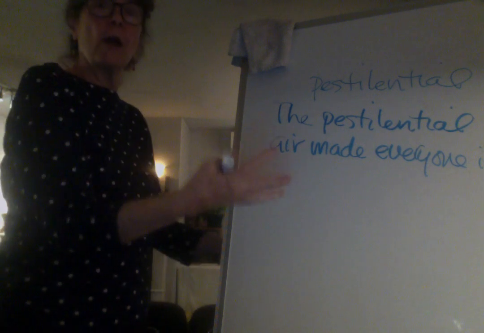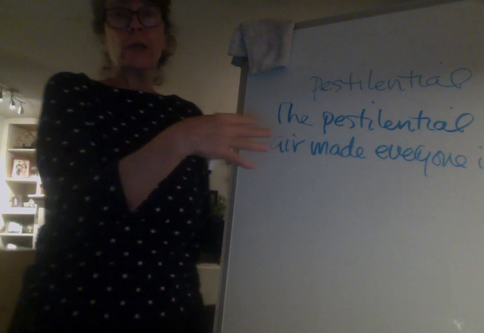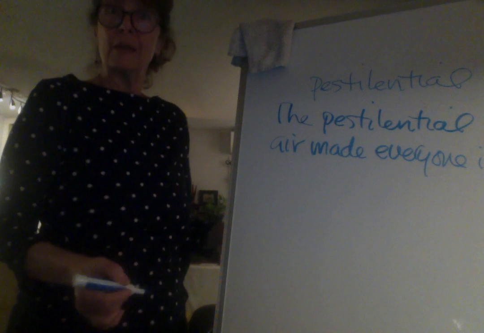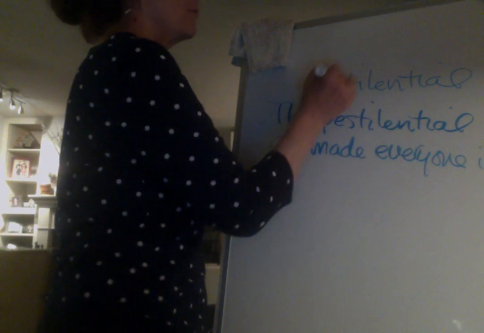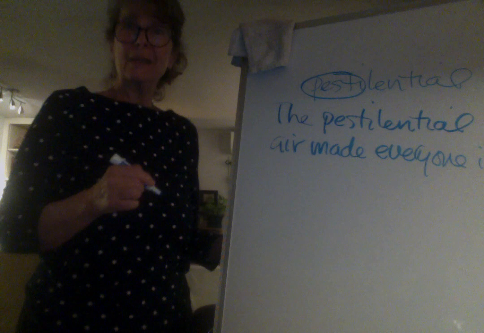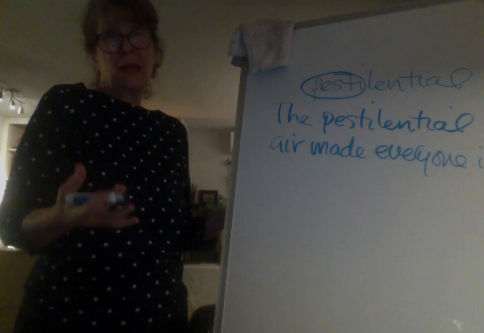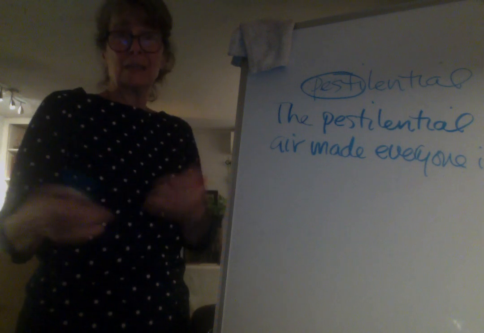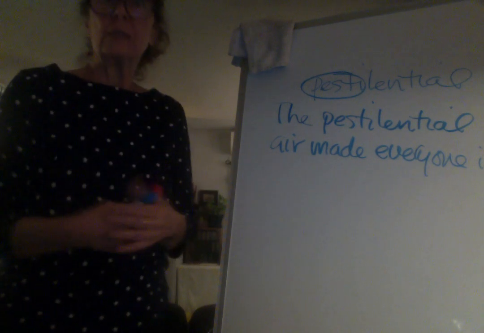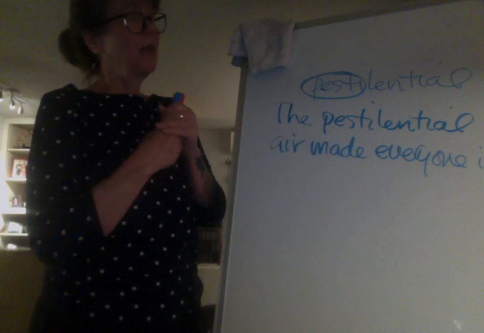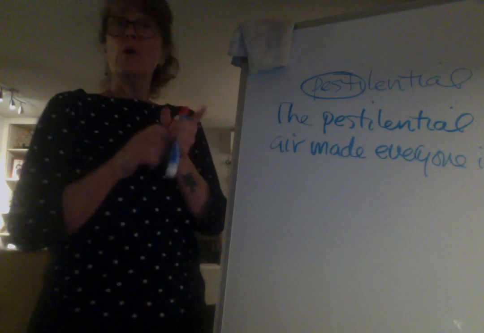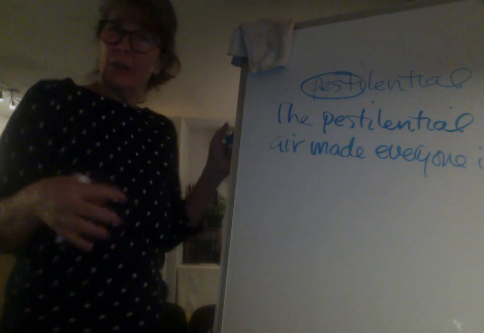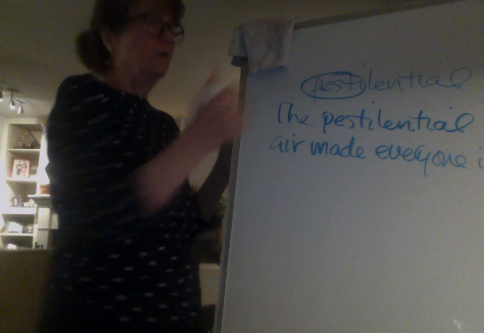If we were using our context, what the context of the word is, right? This would have to be bad air if it's making everybody ill, right? But also maybe you see the word pest in there. A pest is something bad, something that gets on our nerves or irritates us or bothers us in some way. So we might think that pestilential has something to do with bugging us or bothering us, like my pestilential little brother was driving me crazy, right?